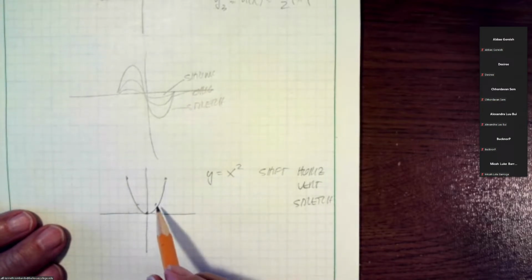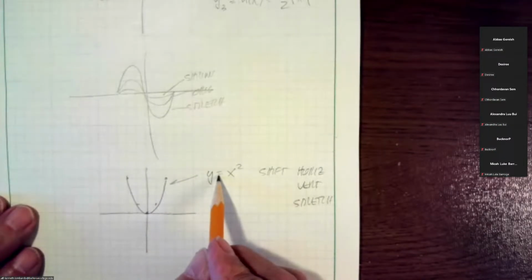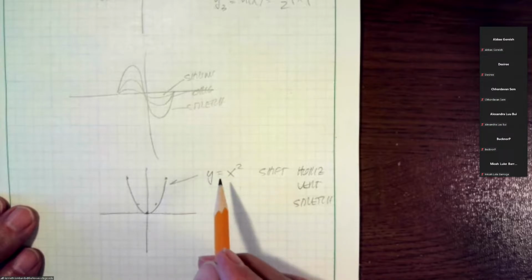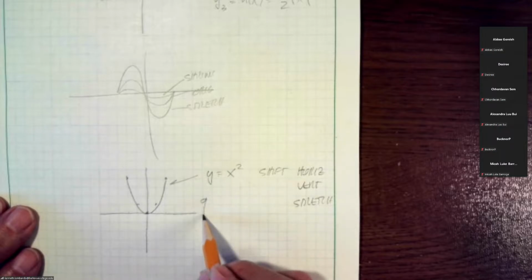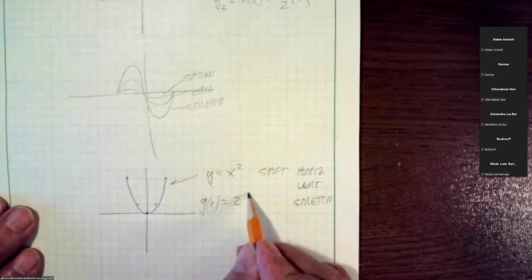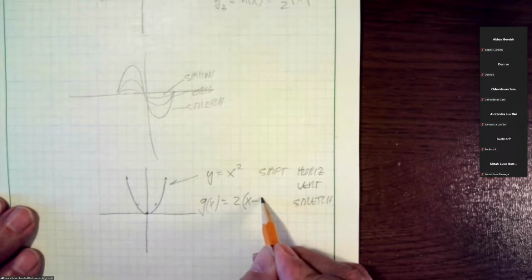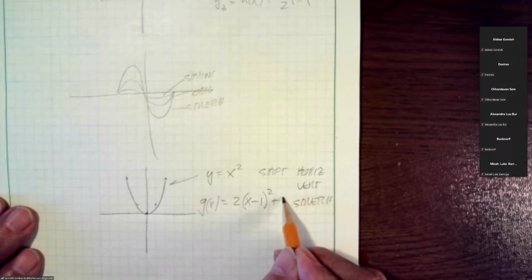Well, if I say this is the curve y equals x squared, and here's what I want you to do to that. Maybe that's an f of x. I want you to create a g of x, which looks like the original curve, but it's stretched, it's shifted right, and it's shifted vertically up.